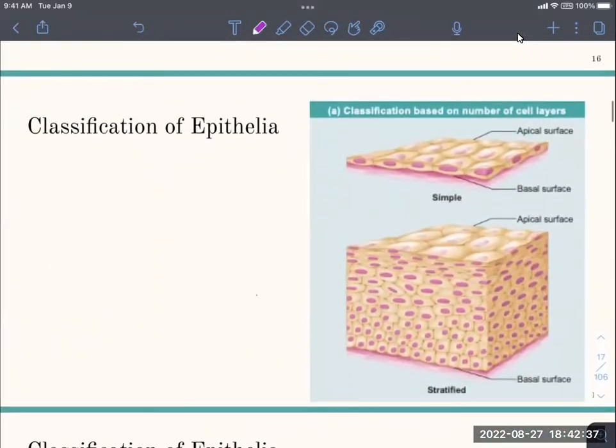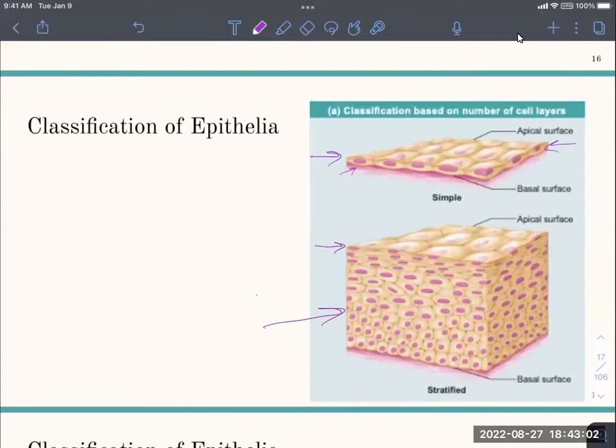So here, let's look, we have our apical surface and our basilar surface at the bottom. This is a simple, because it is one layer. This one is stratified because there's a lot of layers. And if we look, the cells usually start in a little square-like shape, and then they finish up at the top. They're flat at that apical surface.